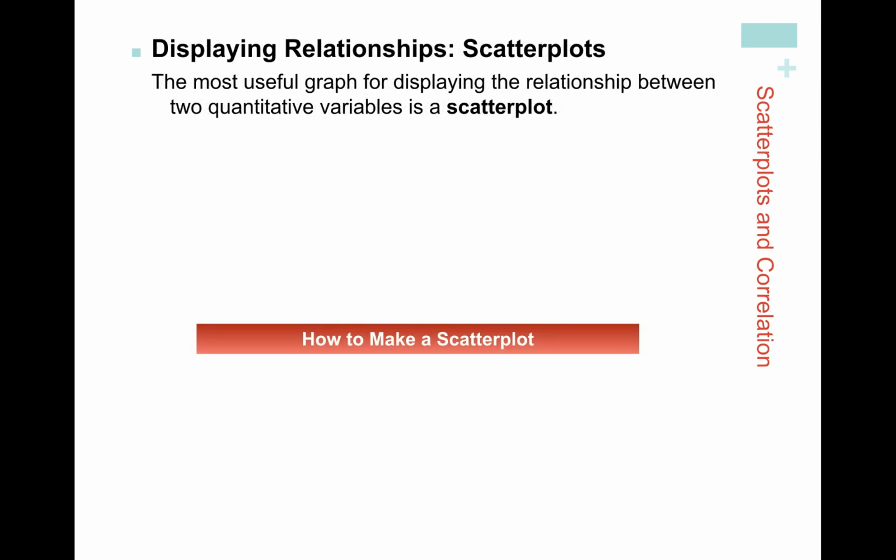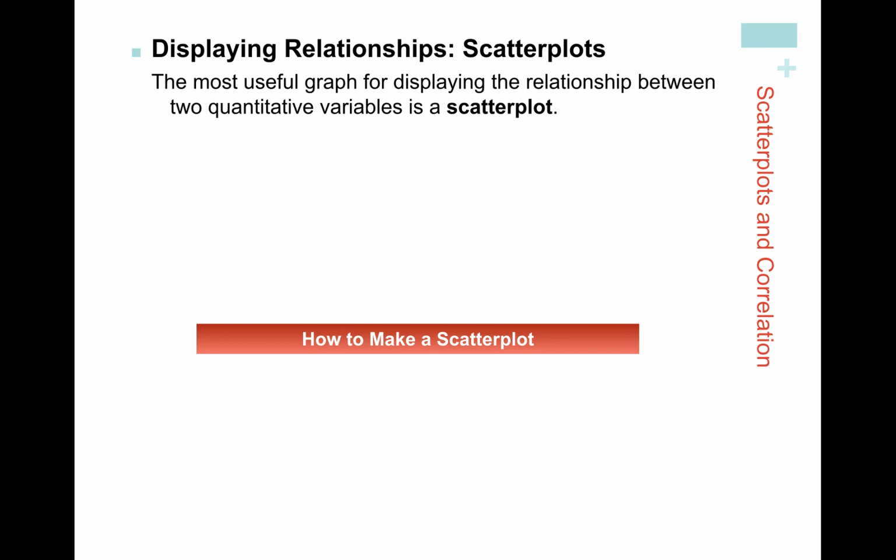Okay, so the graph that you need to know for bivariate data is a scatter plot. And a scatter plot is exactly what it sounds like. Your explanatory variable is going to go on the x-axis, your response variable is going to go on the y-axis, and you're going to have bivariate or paired data. Just like you learned in Algebra 1 and geometry, each point on your two-dimensional graph is an ordered pair of coordinates, an x-coordinate and a y-coordinate.